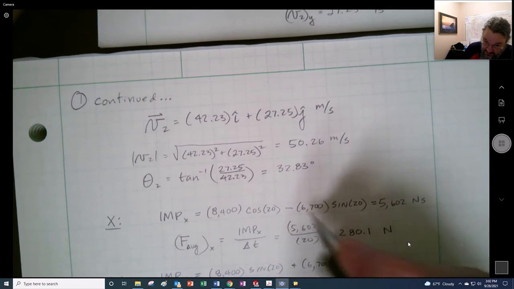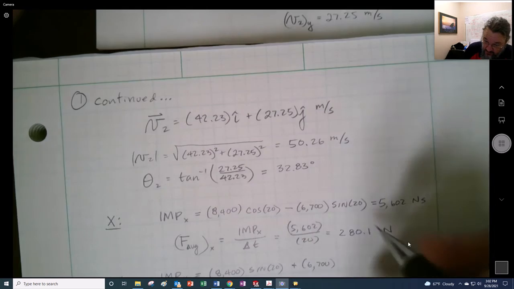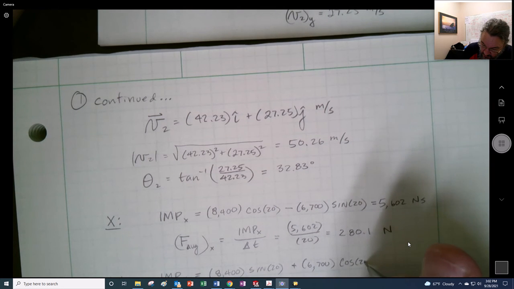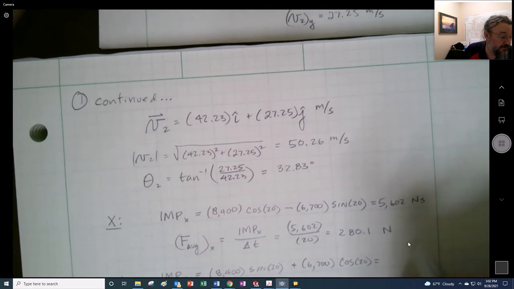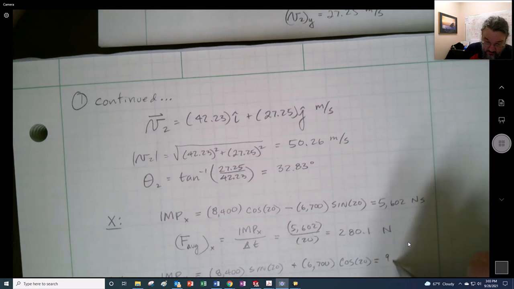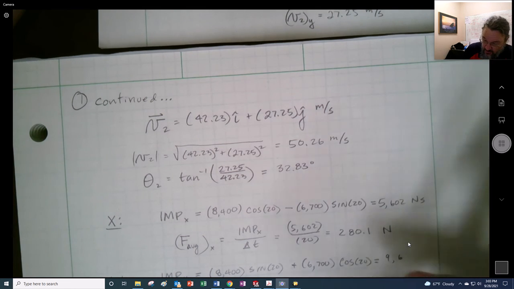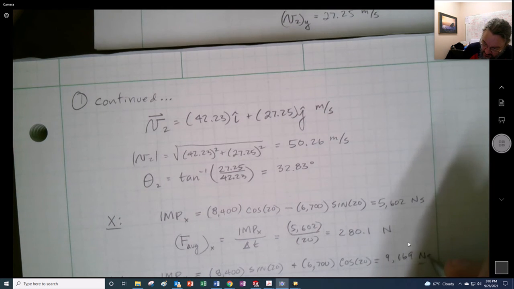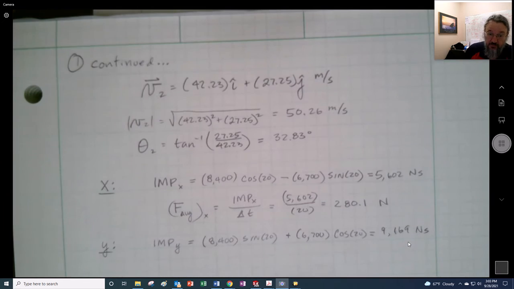This is the only one that was negative, remember, because it was going that way. Cosine of 20. And if I did that right, I believe I get 9,169. These are newton seconds. You can think of impulse as a thing.